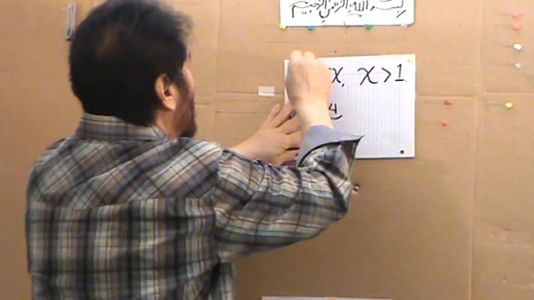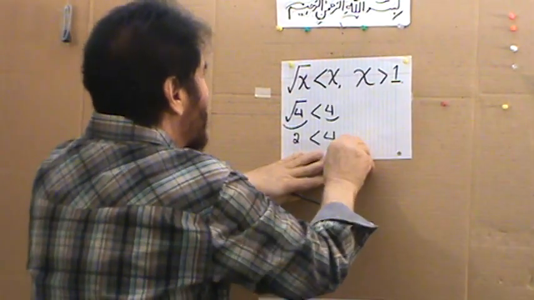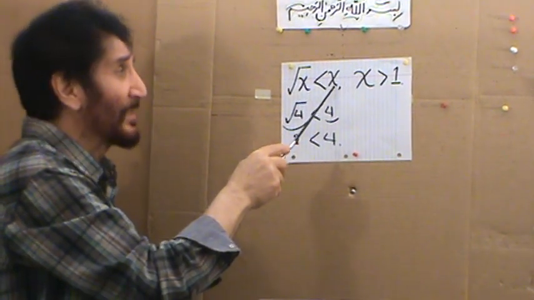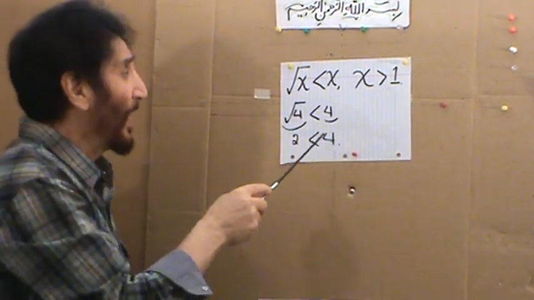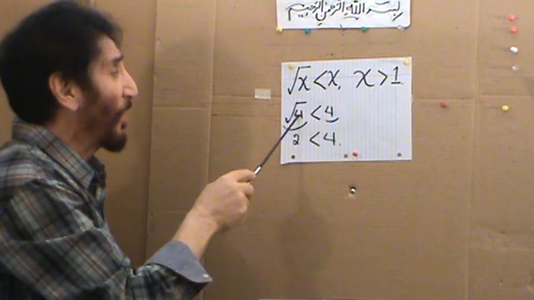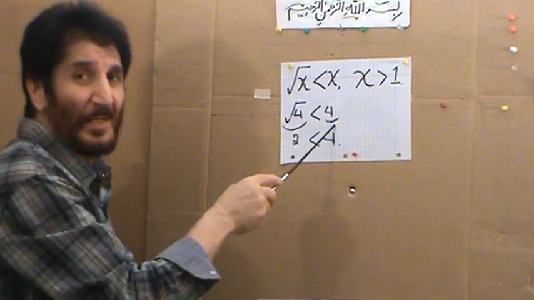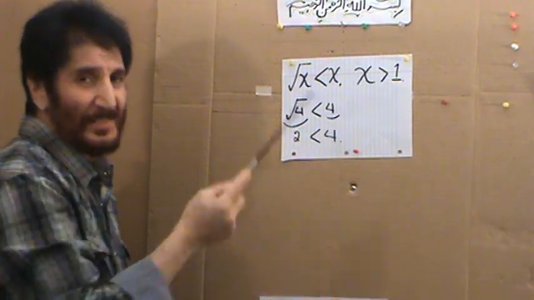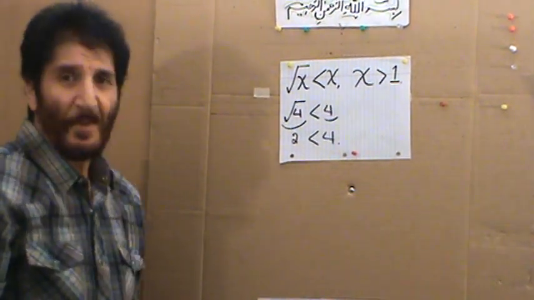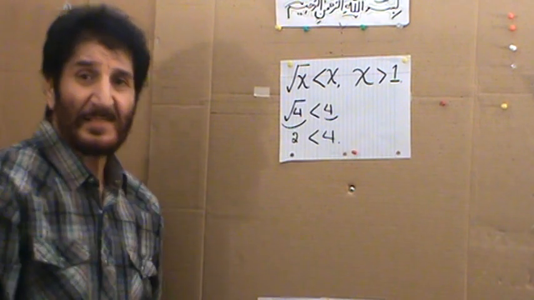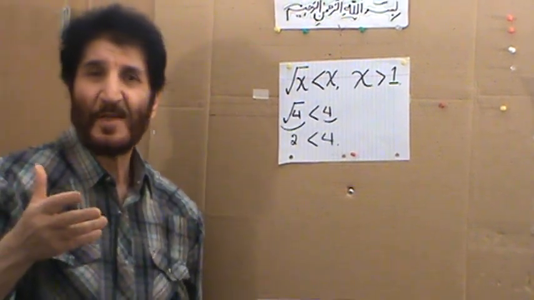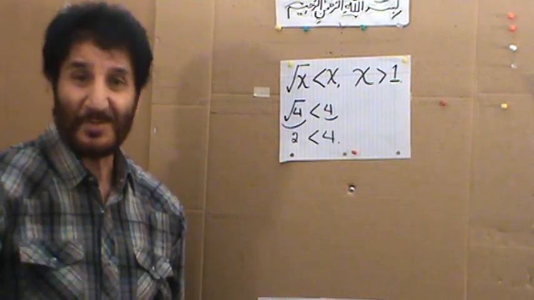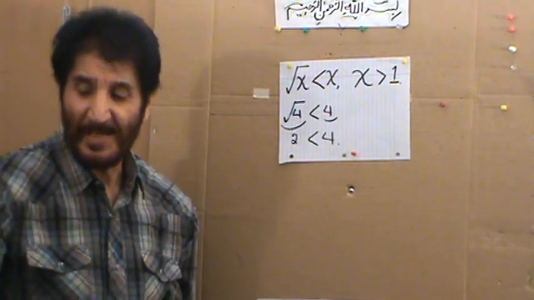I have already mentioned it, I'm just showing it to you in general. So a square root of x is smaller than x if x is bigger than 1. As you can see, a square root of 4 is 2, which is smaller than 4. And a number bigger than 1, you know it naturally, when you raise it to a power, it gets bigger. 2 to the 2 is 4, which is bigger than 2.